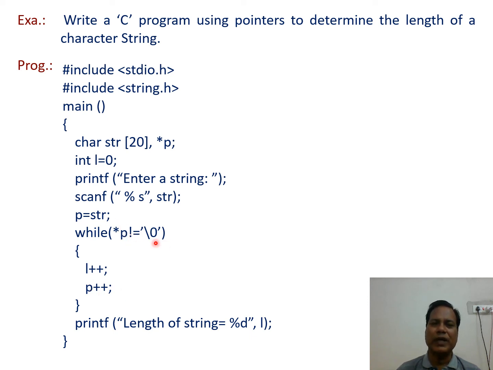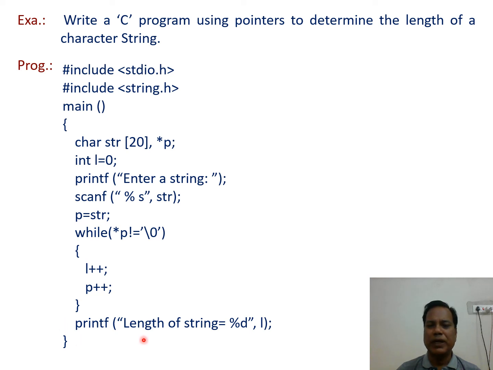So as long as the condition is true, the body of the while loop executes, and i, which counts the number of characters in the string, is incremented. When p points to the null character, the condition becomes false and control comes out of the while loop.